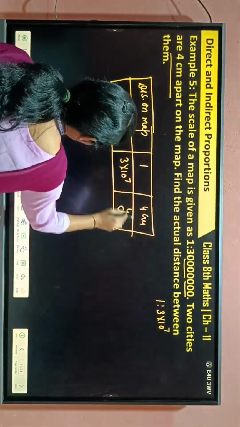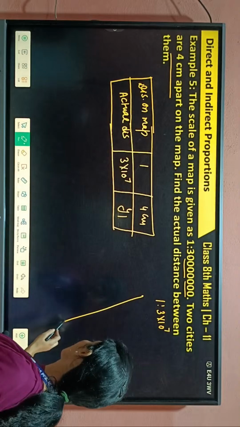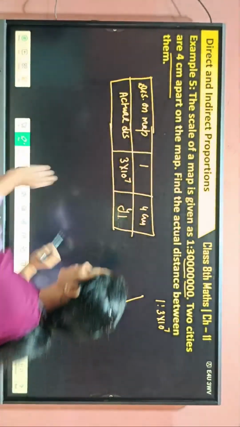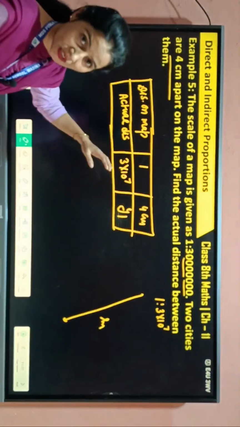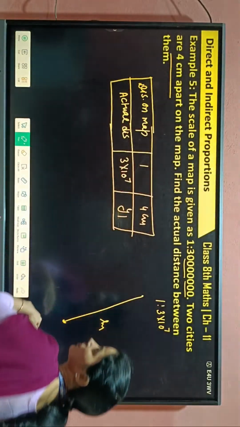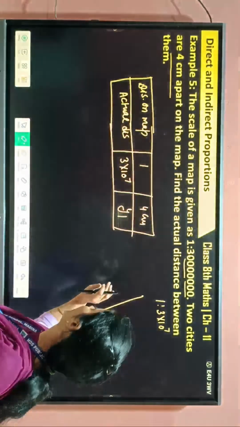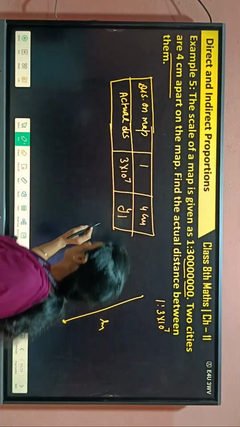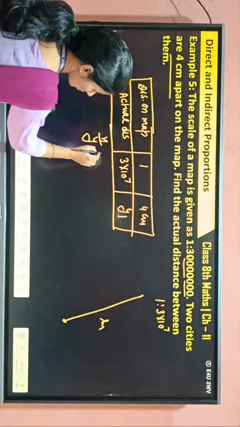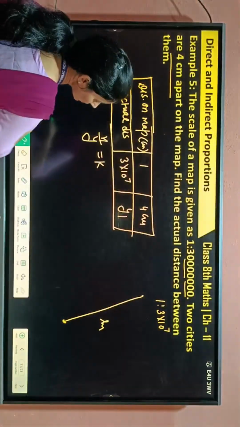So if cities are more distant from each other, then their scale will be large, meaning on the map also they will take a long distance, and actually they will be more and more distant from each other. So this case is of direct proportion. In direct proportion you will write x by y ratio is constant, this is distance in centimeter.